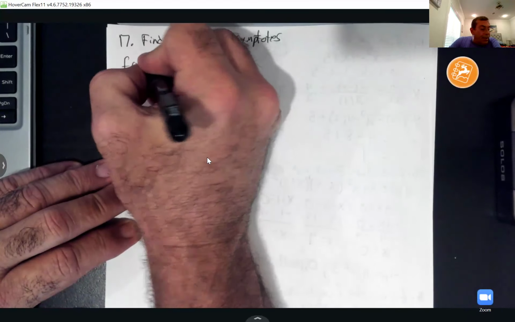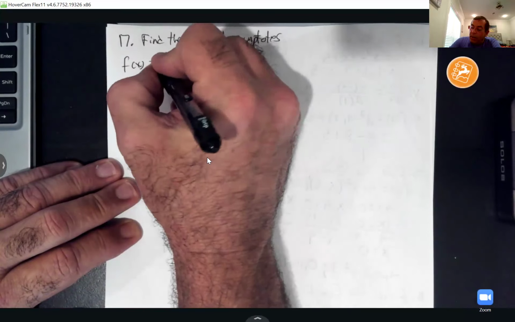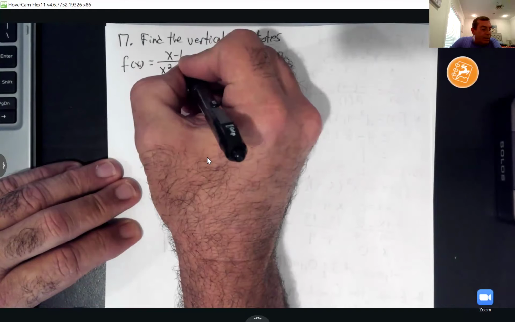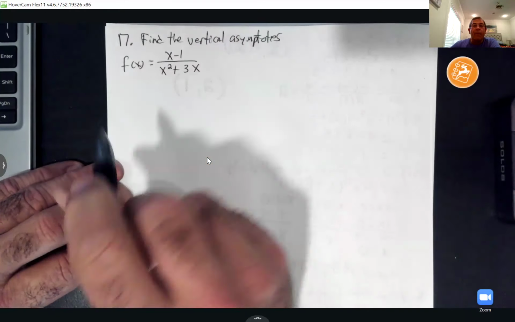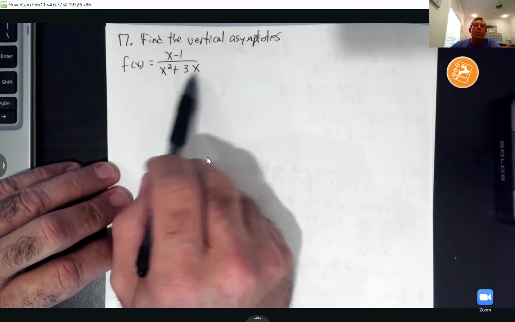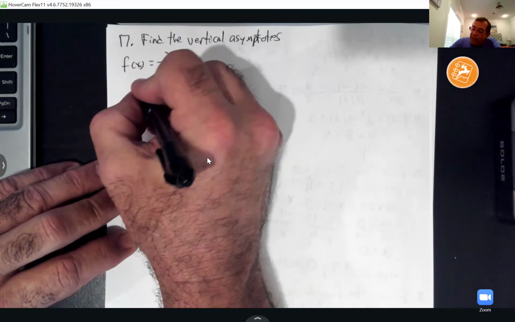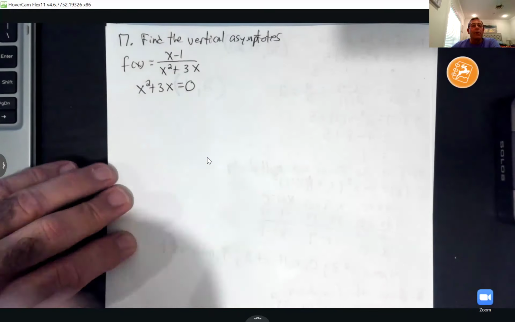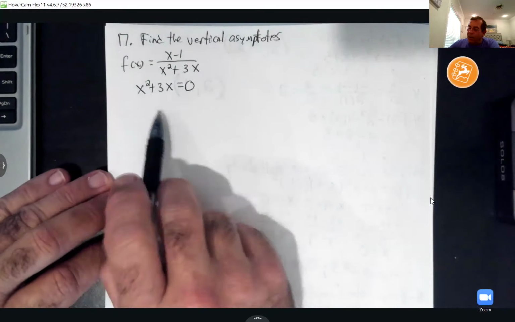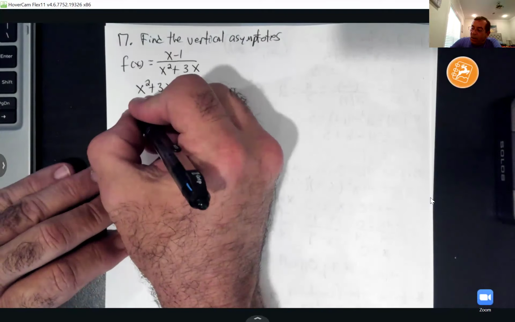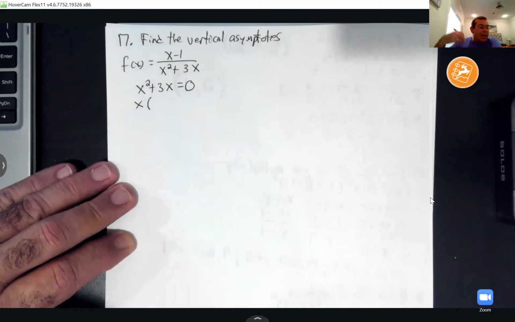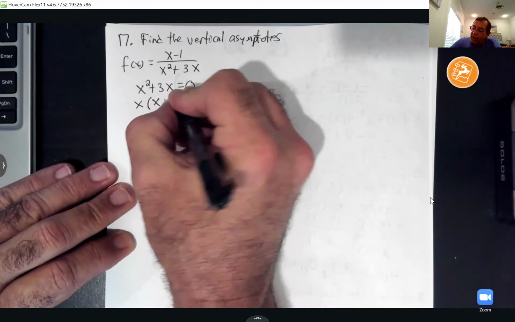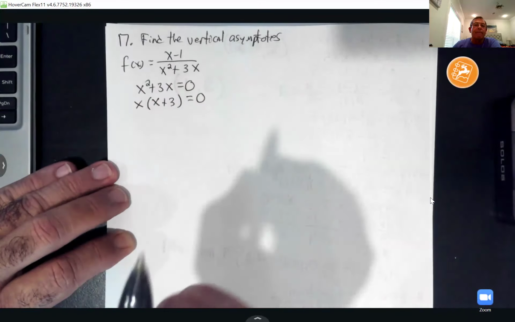So f of x equals x minus 1 over x squared plus 3x. So remember, we don't care about the top. We're going to take the bottom, set it equal to 0. You're going to solve that. And oh, this one's got x's in both of these. So to solve this, you would factor out an x like I did a while ago on that problem. And then an x plus 3 in parentheses, okay?